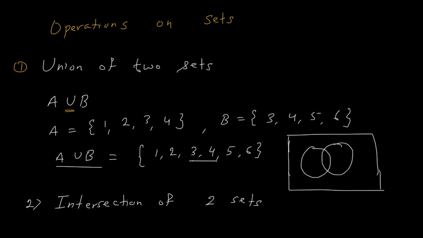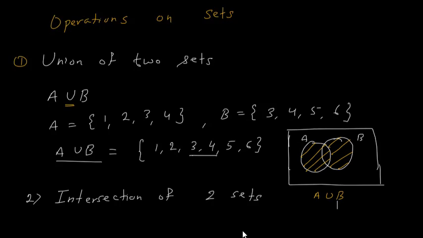Now union means I want all the elements which are present in A as well as in B. So I will shade this whole area of A as well as B. So this whole part is nothing but A union B.